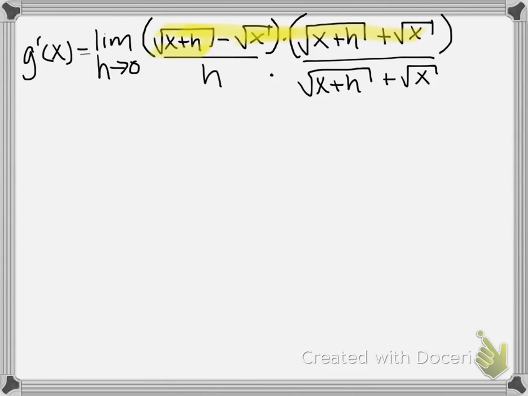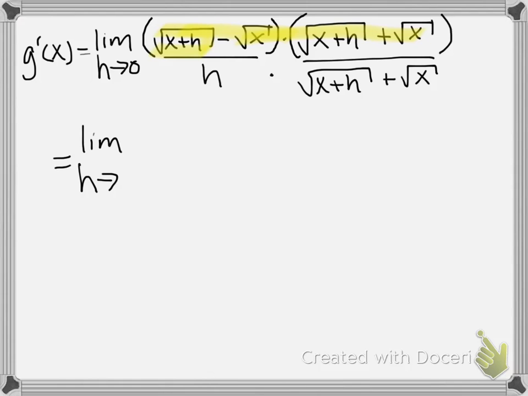And then we're going to end up with our last term, which is the square root of x. That's going to be squared, so the square root squared, it's just going to give us that term x, but because our signs are different, we're going to have a negative. So keeping that in mind, that's going to give us the limit as h goes to 0.